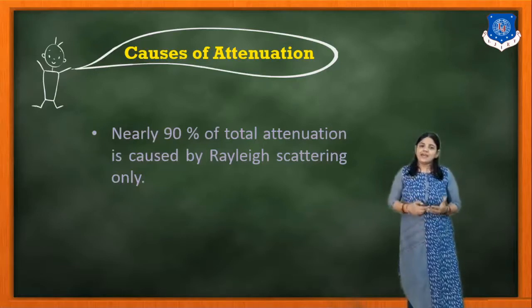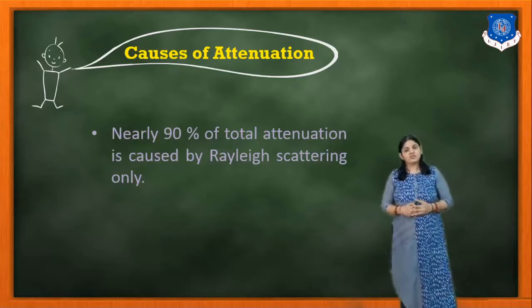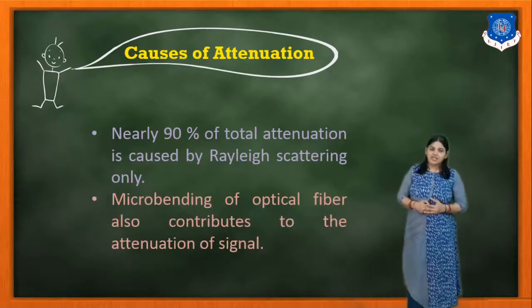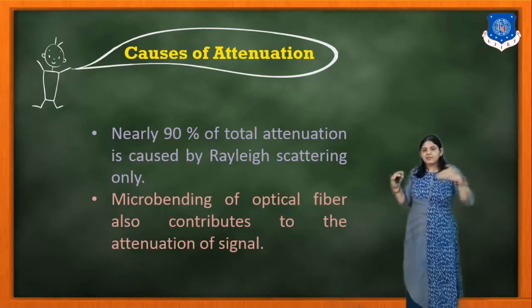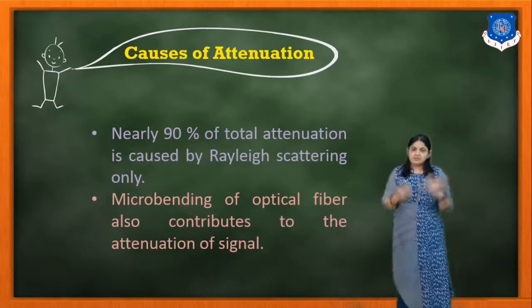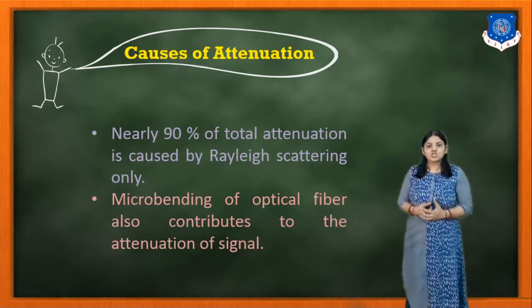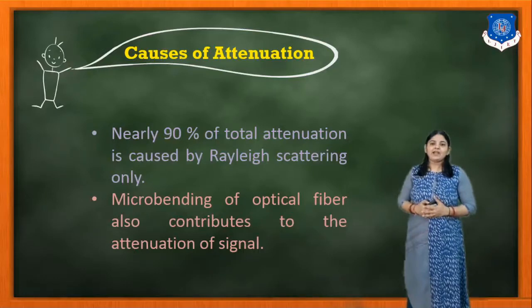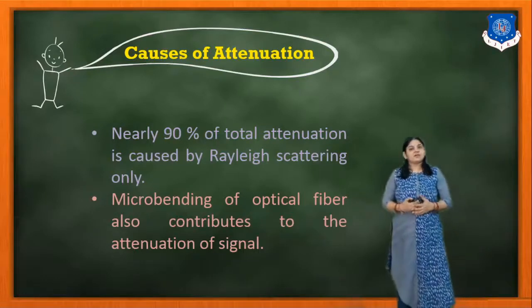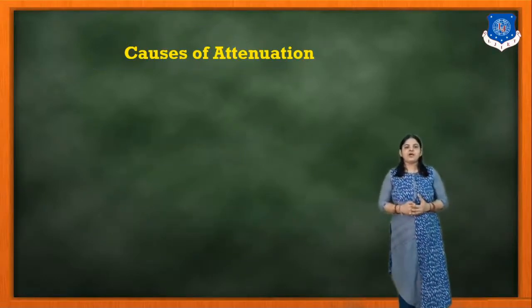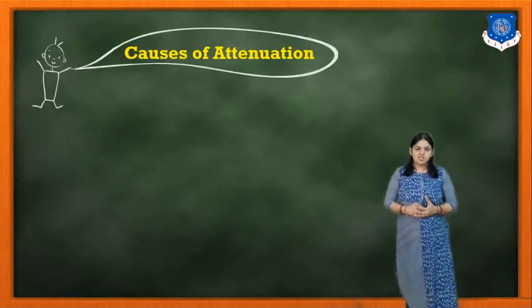Normally 90% of the attenuation is caused by Rayleigh scattering. While the fiber gets bent, some loss due to microbending can also be present. Microbending of the optical fiber also contributes to the attenuation of the signal.